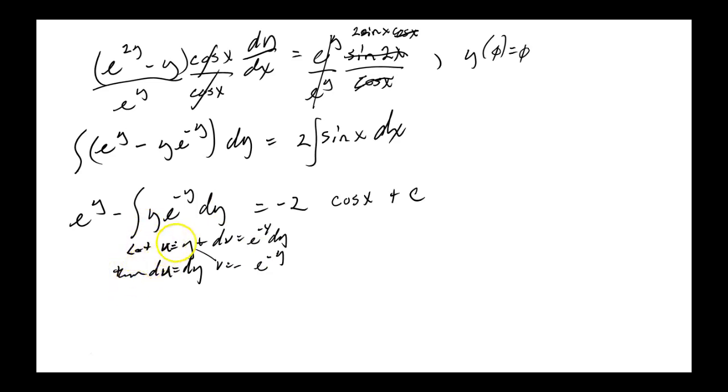All right, your uv is then y minus y e to the minus y, plus, because it's a minus, the integral of v du, which is e to the minus y dy.